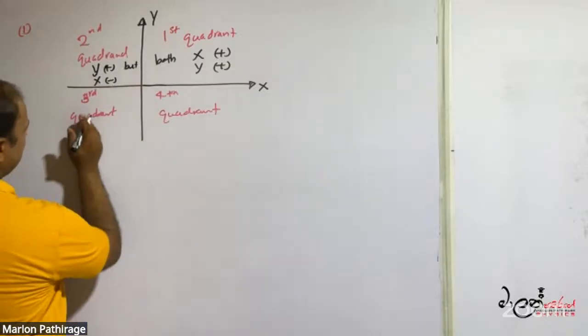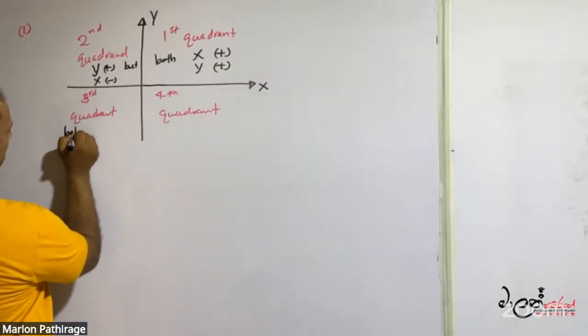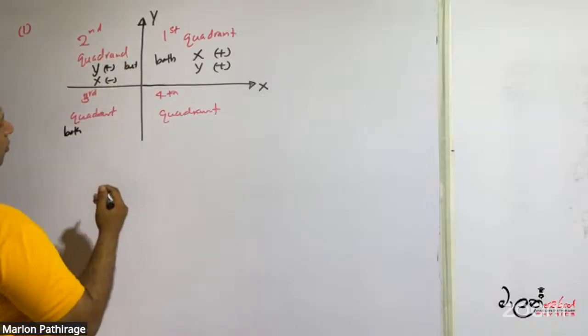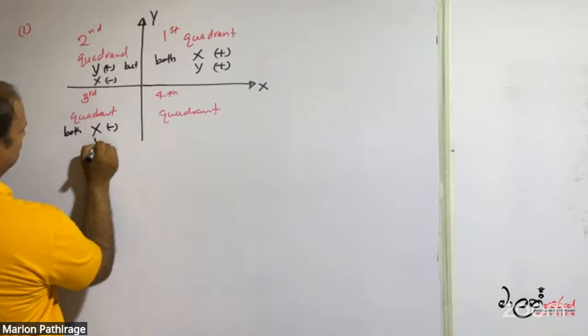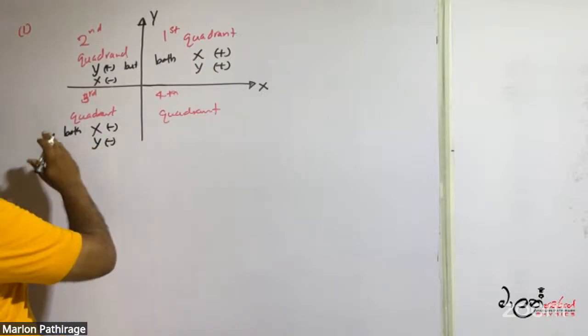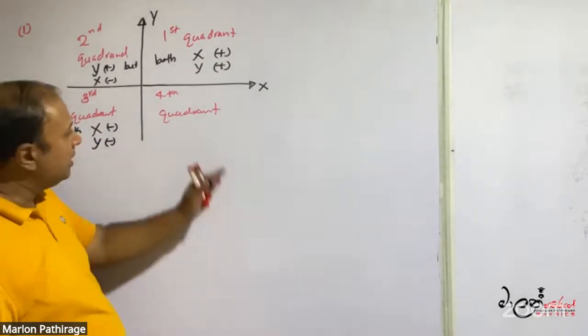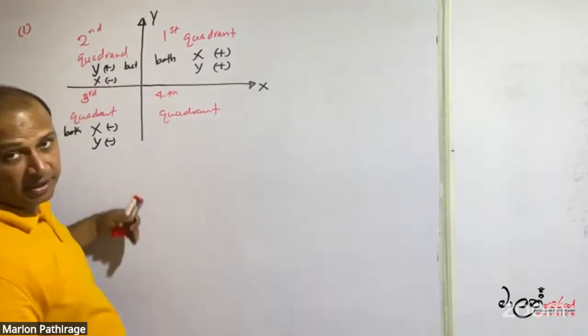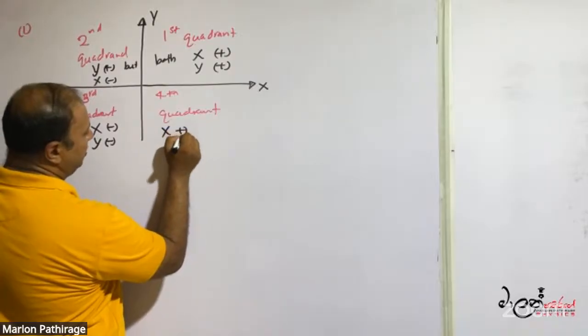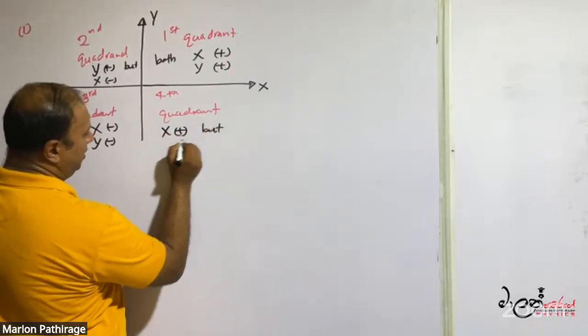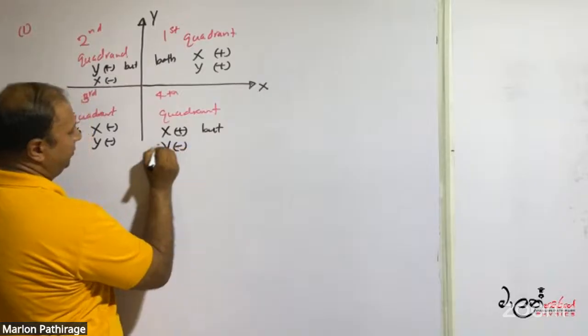If it is the third one, x and y both are negative. If we consider the fourth quadrant, x is positive but y is negative.